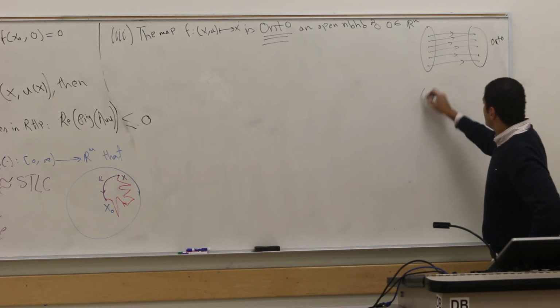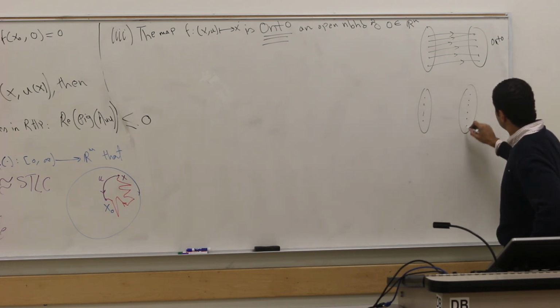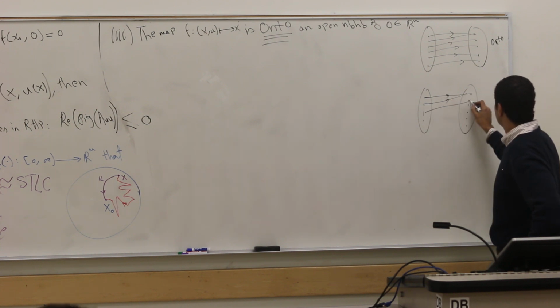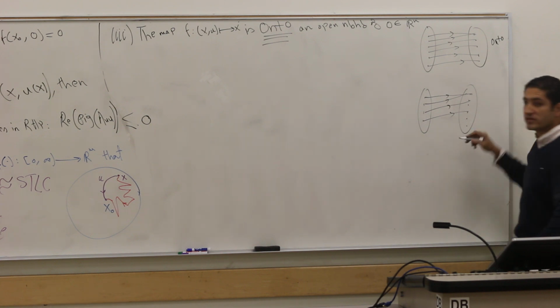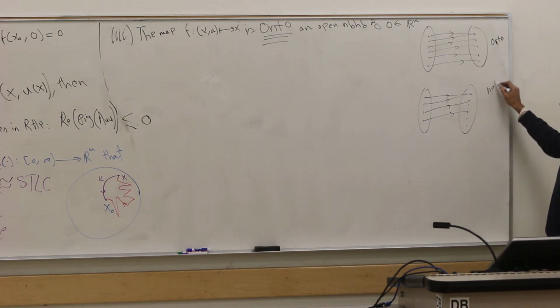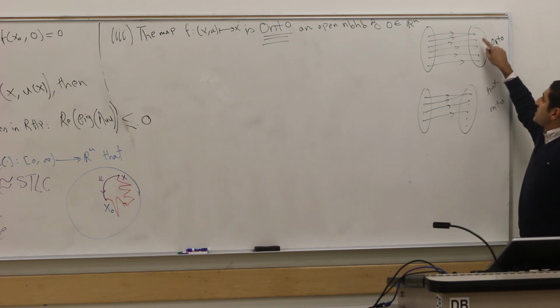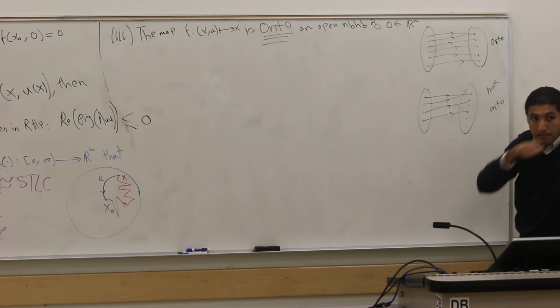This is not onto. So there are points that are left out. Not onto. So onto means what? That for any point here there is a pre-image. It means that any point here can be written as f of something over there, right?